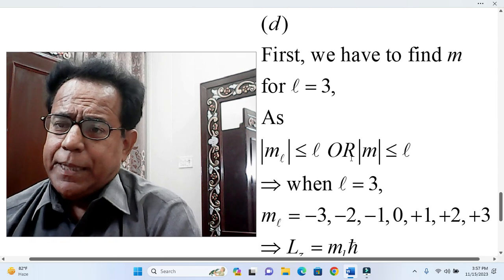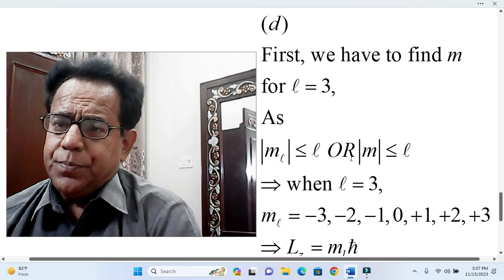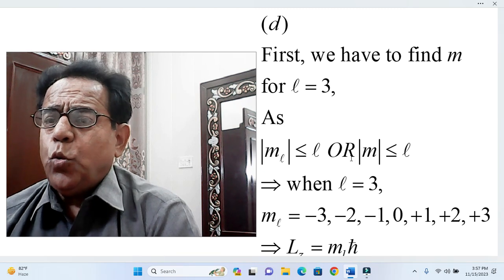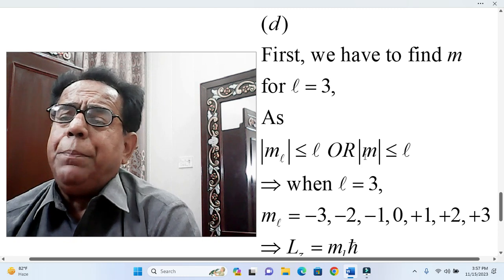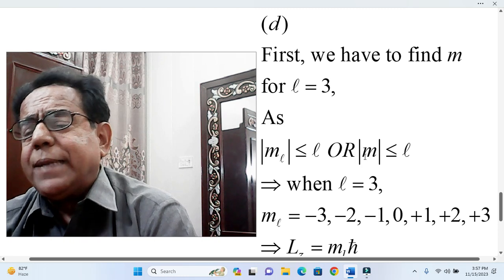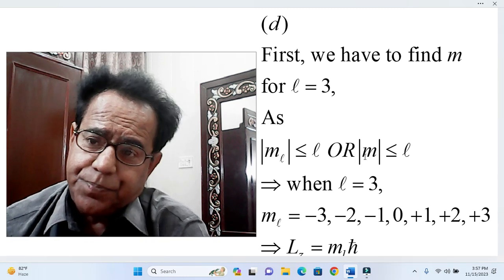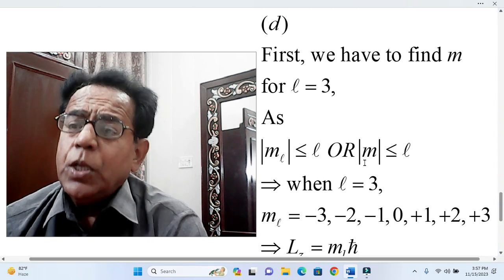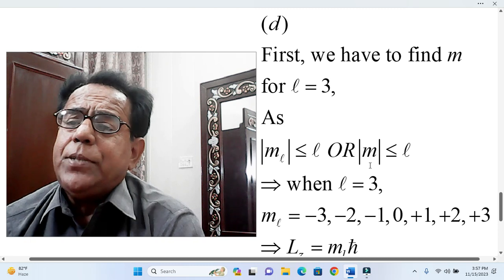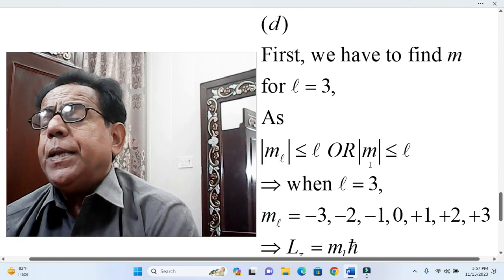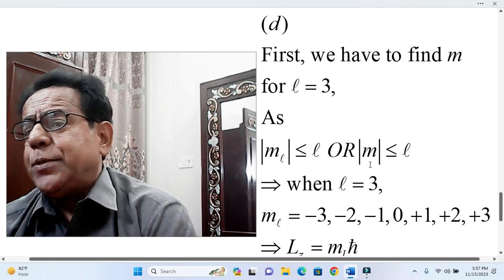This is a mathematical principle. In other words, m lies between plus l and minus l. So when l is equal to 3, m goes from minus 3 to plus 3.